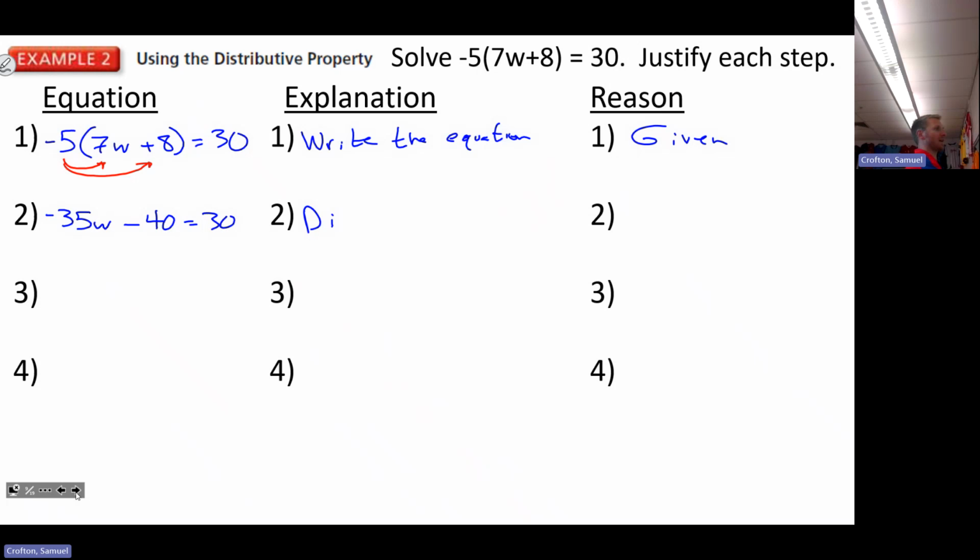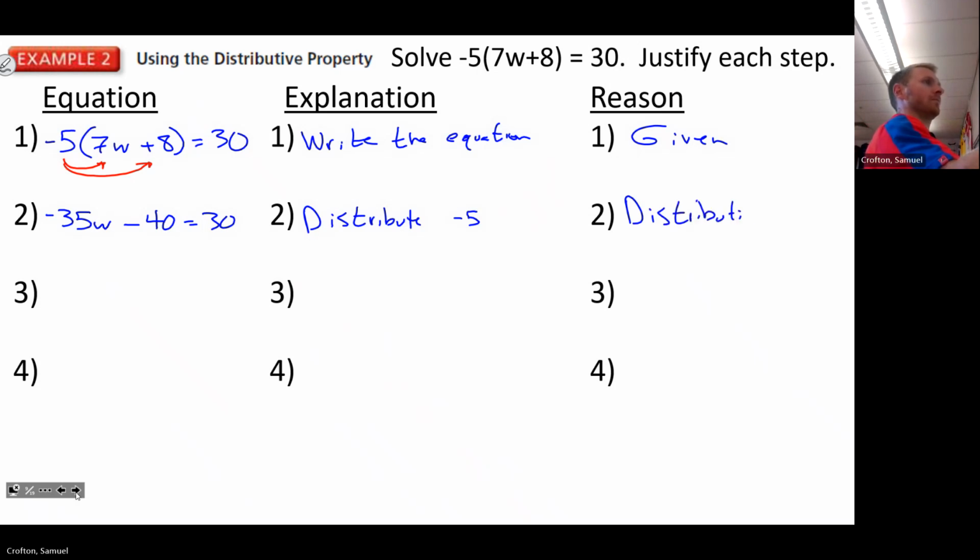So what I did is I distributed -5. That's all. This is in your own words: what did you do to get to that step? And the reason why I can do that is the distributive property. Cool. That's the 5th one on our sheet there.